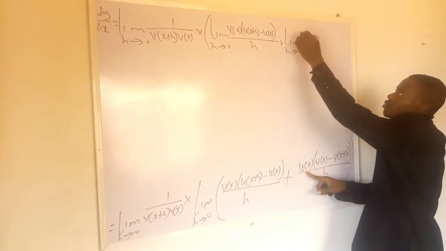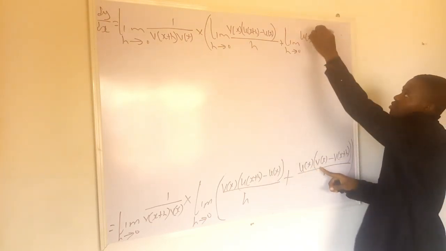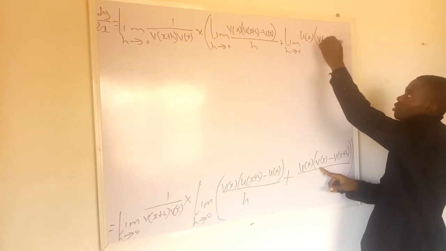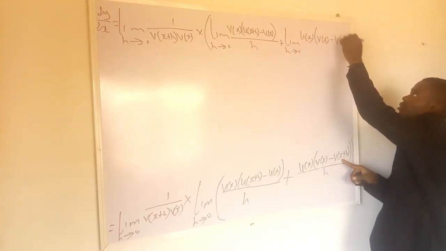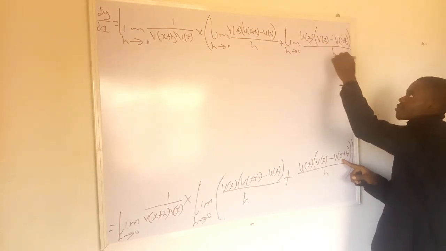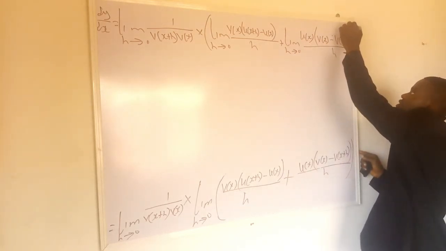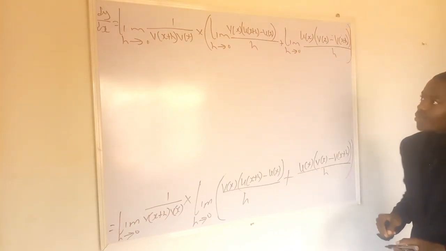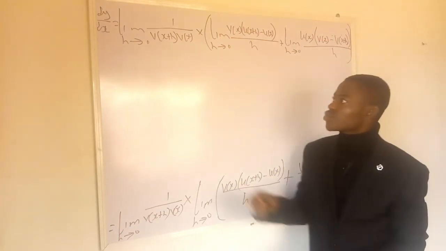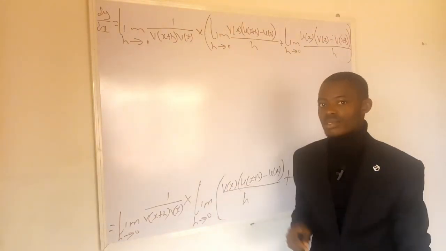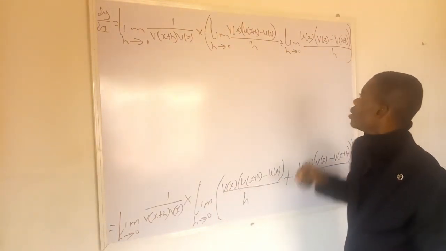Are you following? The u of x times v of x minus v of x plus h, all divided by h. Perfect. So the bracket is still there.